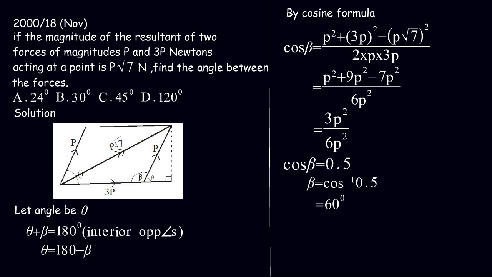So therefore theta will be equal to 180 minus 60 degrees, which is equal to 120 degrees.